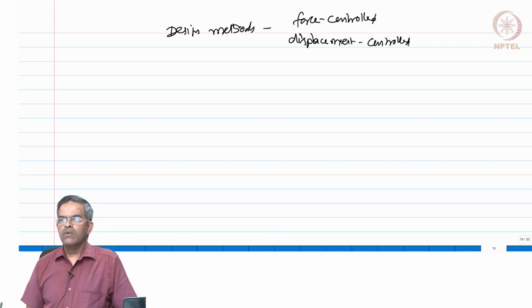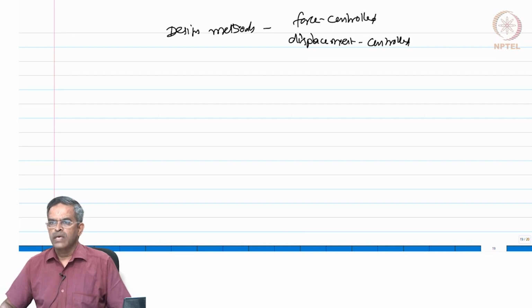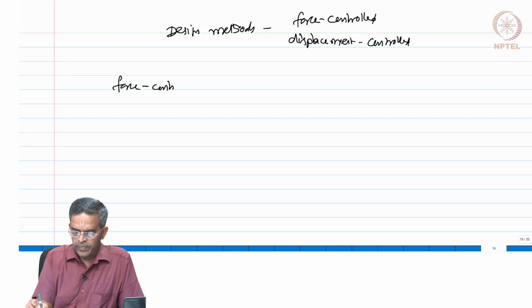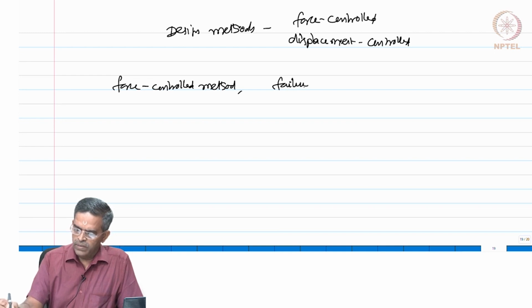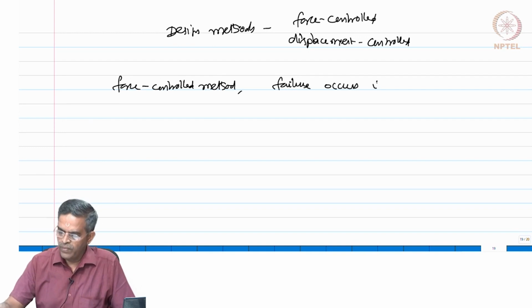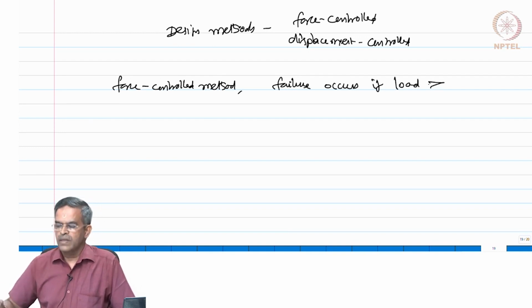In force control design method, failure occurs if the imposed load exceeds yield strength. So, in force control method, failure occurs if the load exceeds yield strength.